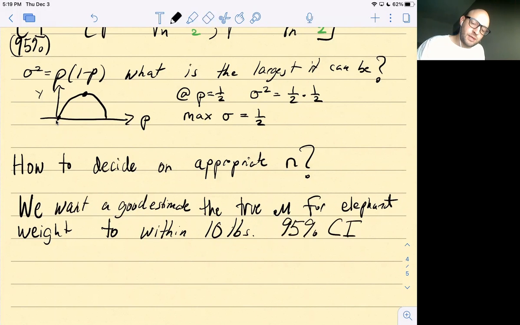So this is the same as asking for a 95% confidence interval with margin of error equal to 10.